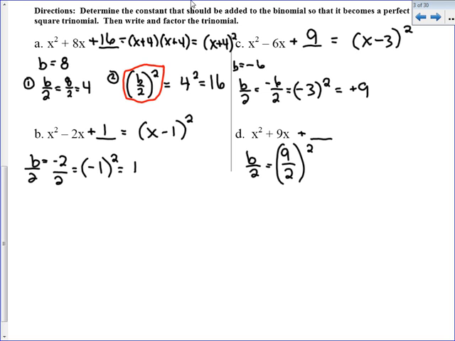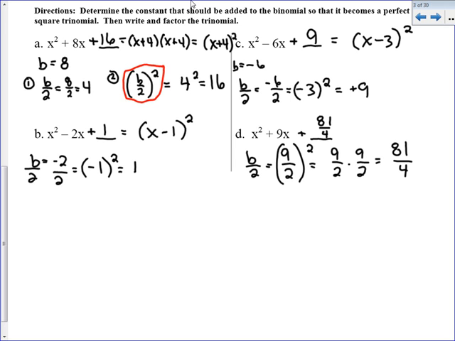So squared just means take whatever you're working with and multiply it by itself. So that's going to be 81 over 4. So the number that completes the square is 81 over 4. Can you simplify and then multiply it on the line? Only if you had a common factor for 81 and 4.